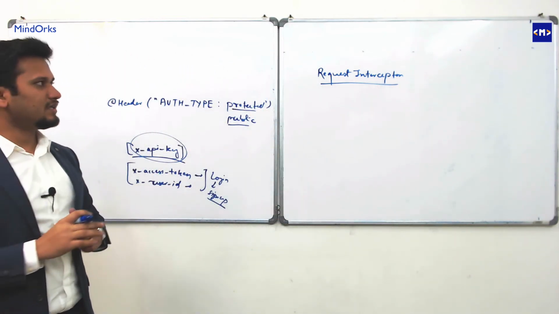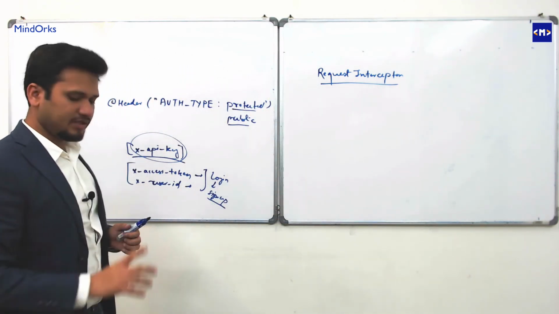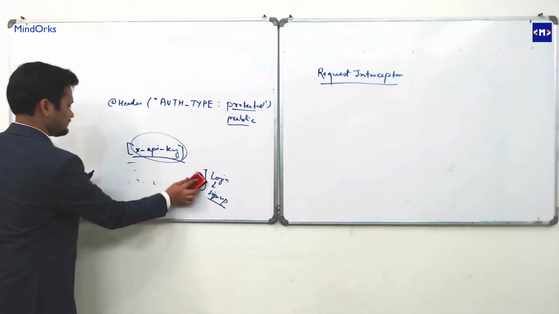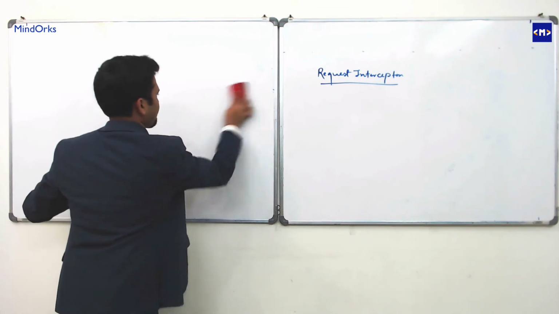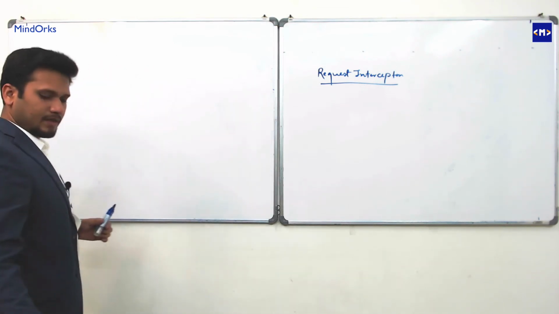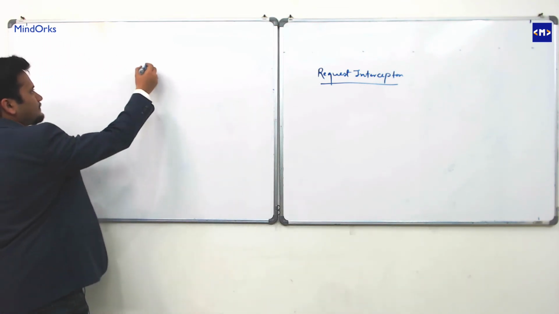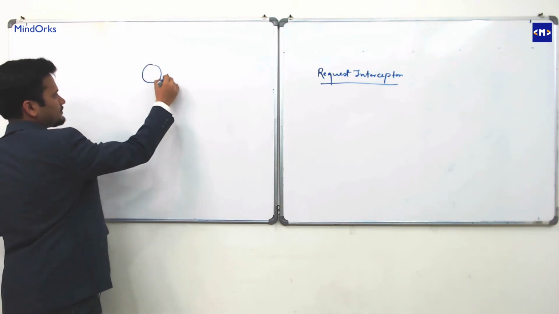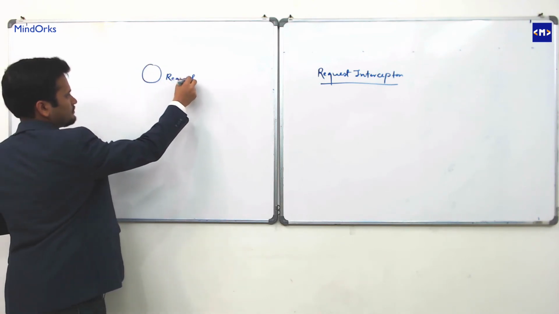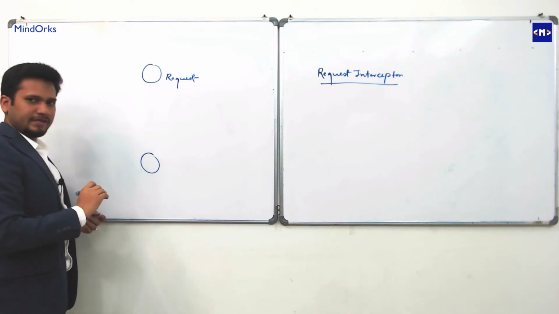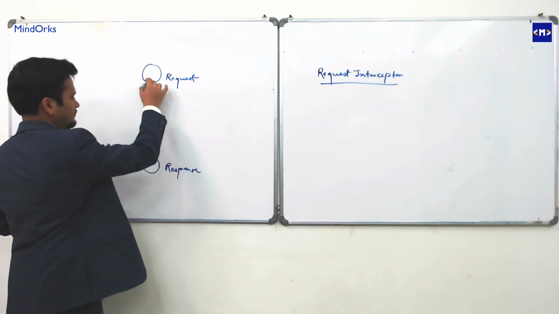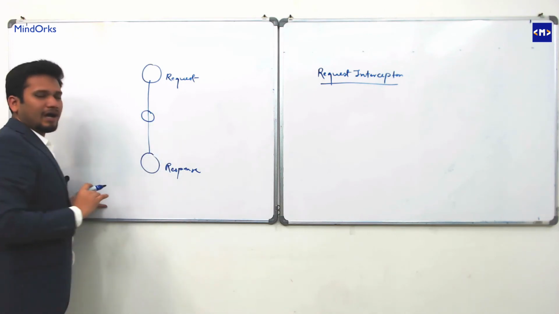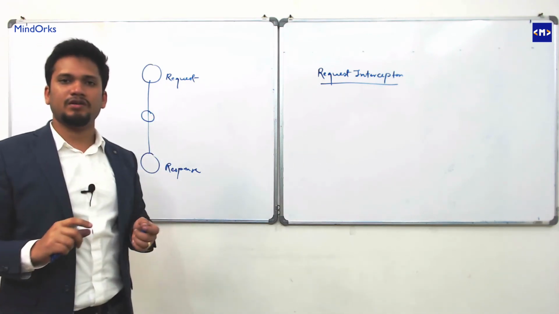So what is an interceptor? In OkHttp, suppose I have a request and finally I make a call and get a response. In between, I can supply as many interceptors as I want.